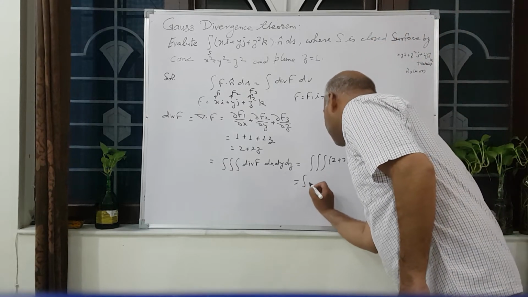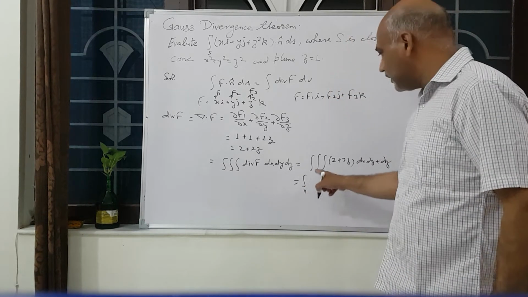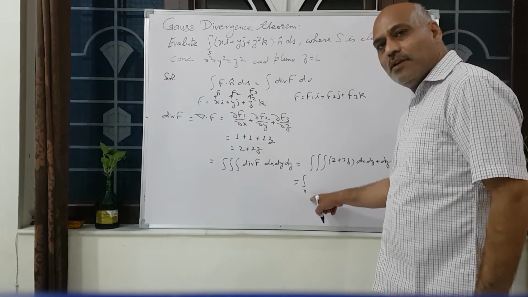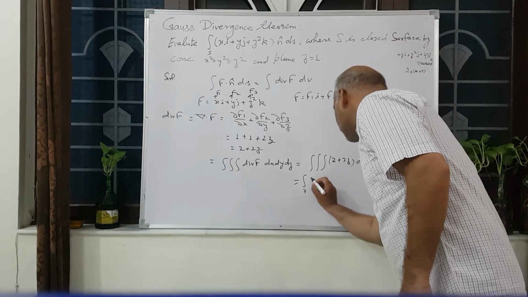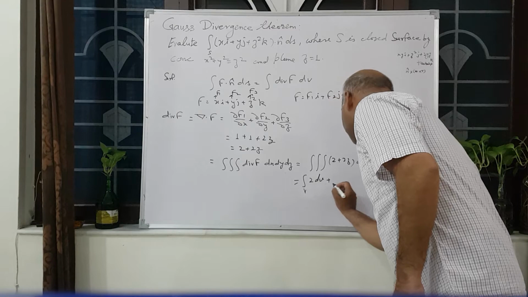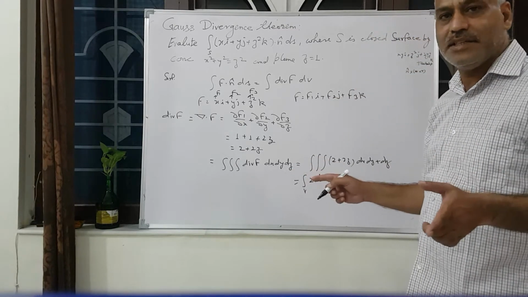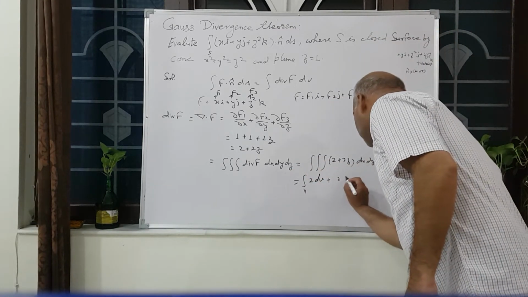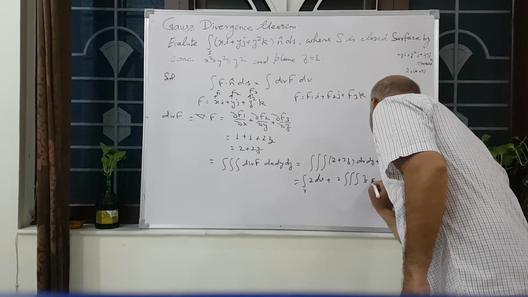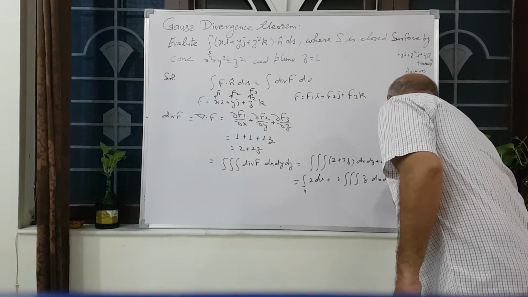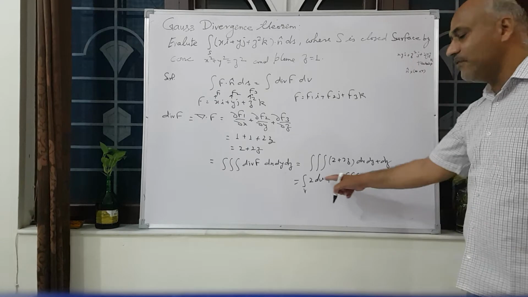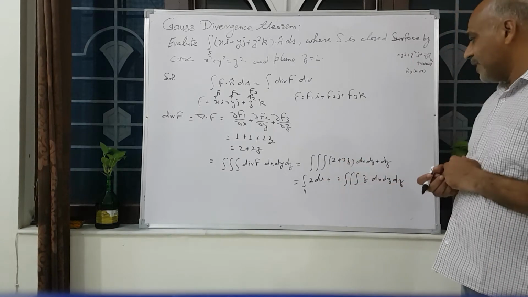Or we can write this as the triple integral of 2 dV, where dV means dx dy dz, plus 2 times the triple integral of z dx dy dz. The same thing, dV is dx dy dz.